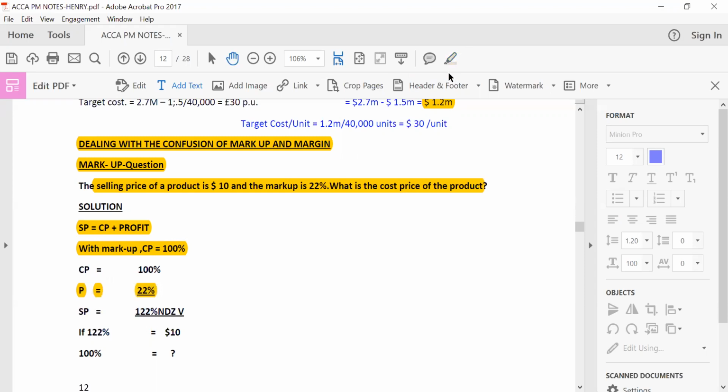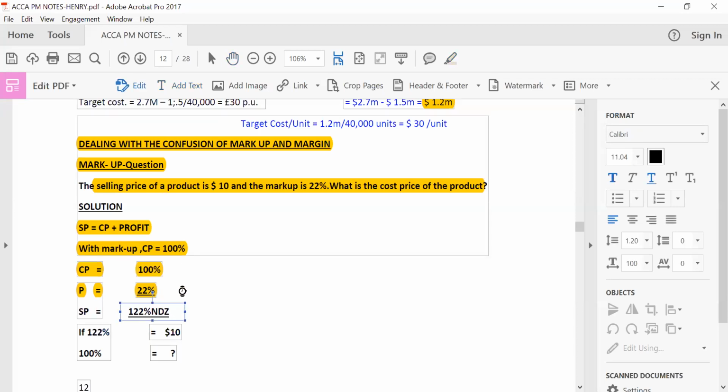And because we know for sure that cost price is 100%, we will have the selling price to be 122%.